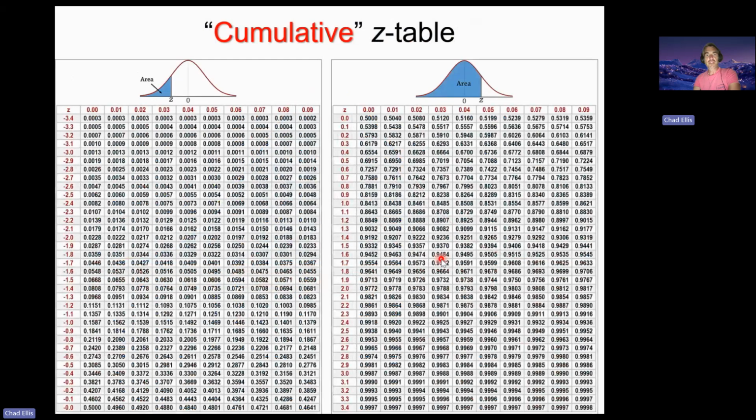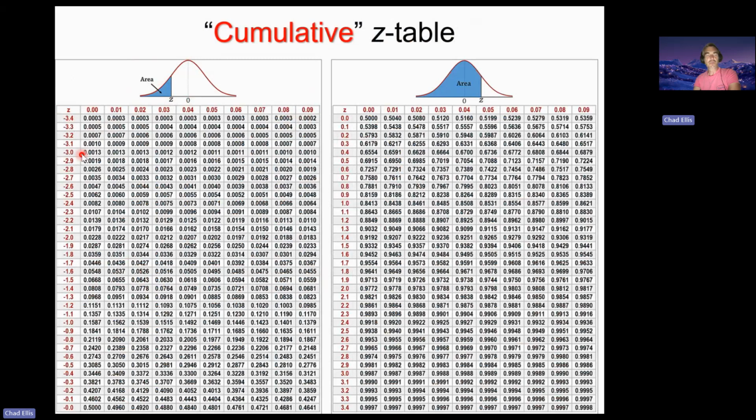So here's a cumulative z-table lookup. How to read this table: at the top you can see the cartoon of the normal distribution. In this case it's given us a negative z value, because it's to the left of 0. What it's telling us is that given this z value, it's going to give us the area to the left of that z value. The z column starts on the extreme left-hand side at minus 3.49.